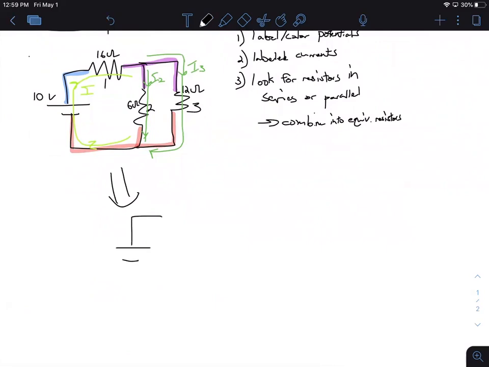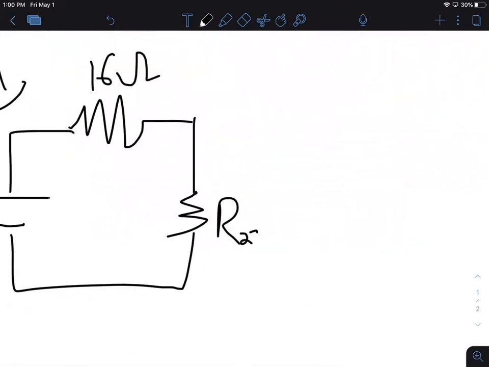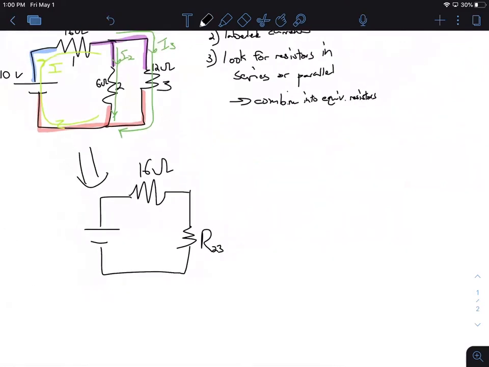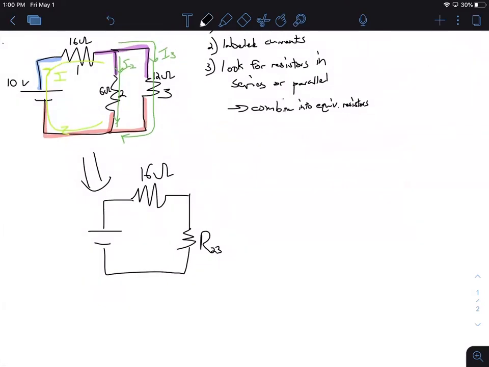and this guy is staying the same. I'm not messing with him right now, 16 ohms. I want to combine these into an equivalent resistor, and I could call it R23. It's a combination of resistors 2 and resistor 3 there.